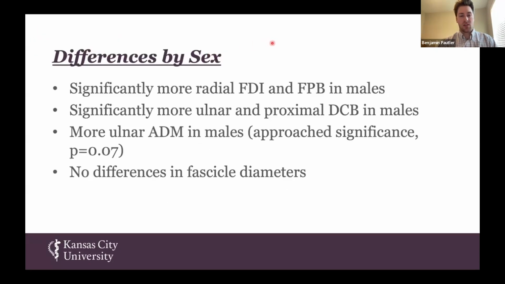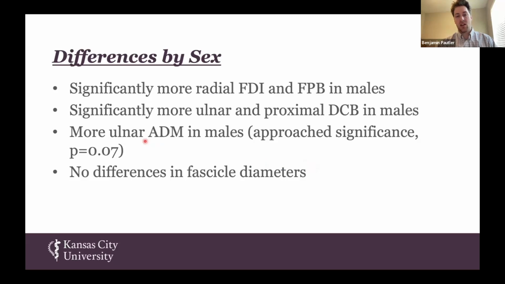There were some differences by sex that we statistically were able to delineate. In males, the first dorsal interosseous and flexor pollicis brevis branches were significantly more radial, as well as the dorsal cutaneous branch being significantly more ulnar and proximal.